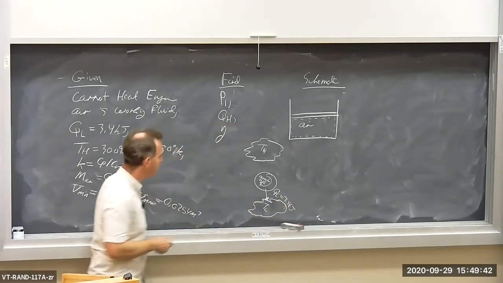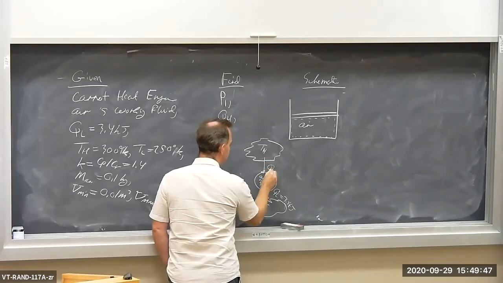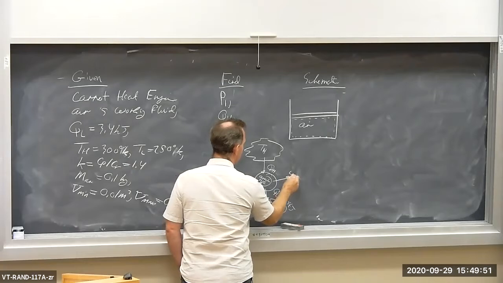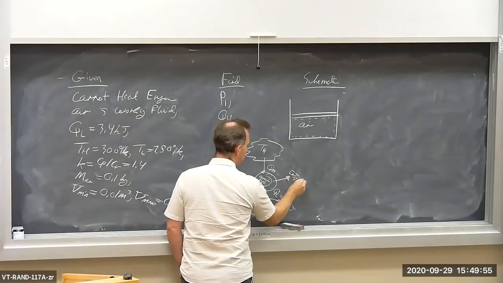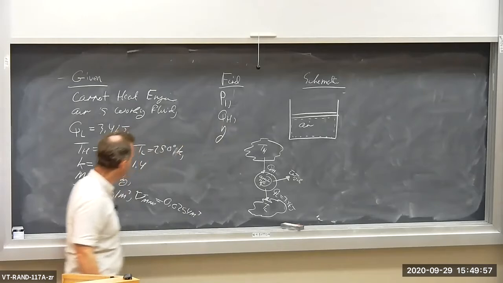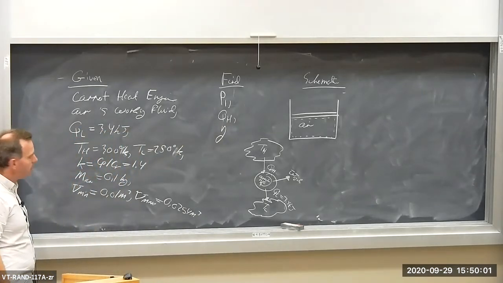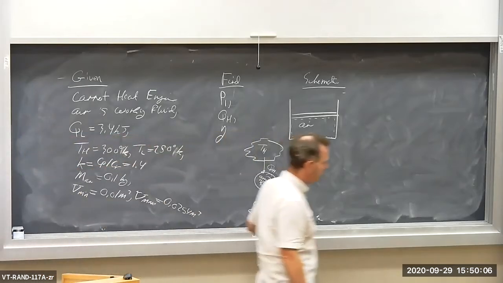So we know that. Of course, it receives energy from the high temperature reservoir to produce a certain amount of work, work over the cycle. I'm going to put a subscript cycle there. You probably should do that too. So it rejects 3.4 kilojoules to the low temperature reservoir.